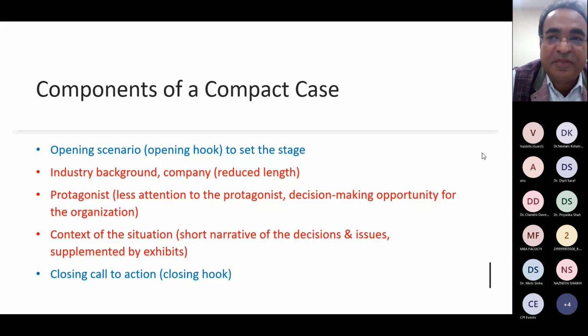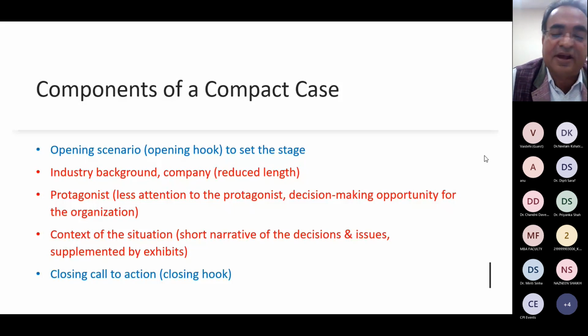The company is pretty popular, so there is a reason for you to reduce the length here. You need not go into the nitty-gritties of the industry and the company when you're targeting a compact case, with the assumption that the industry is well known and the company is famous. It could have been established by targeting an assignment before you do the case with the students. And here, of course, you would be mostly targeting the PG students.